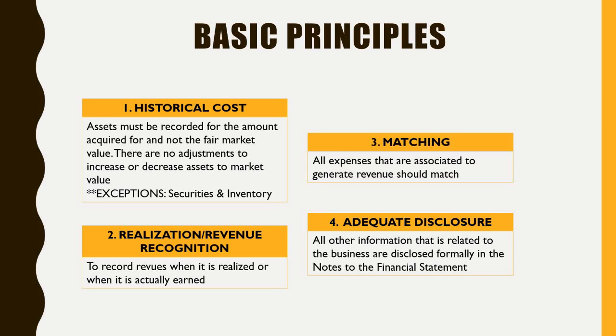Last but not least is going to be adequate disclosure. So we talked about the example for monetary measurement, okay? In this case, adequate disclosure is any other information that's pertaining to a specific transaction. There's a place called notes to the financial statements where you're able to put this extra information.